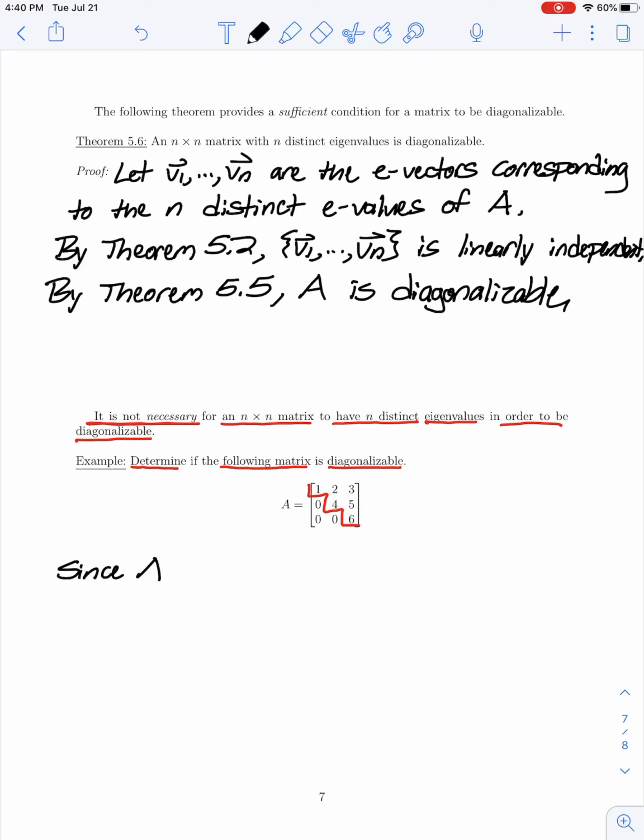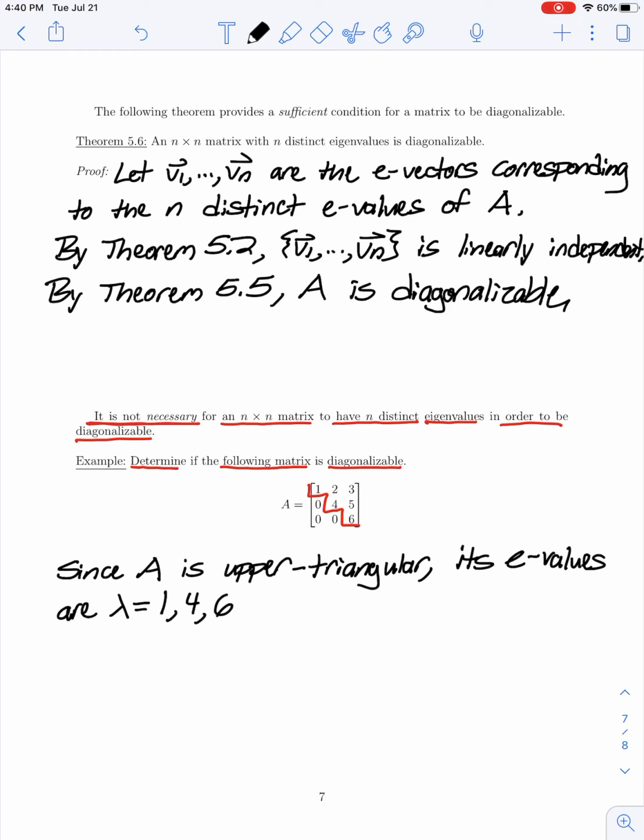So since A is upper triangular, its eigenvalues are the diagonals, lambda equals 1, 4, and 6, which are all distinct values.